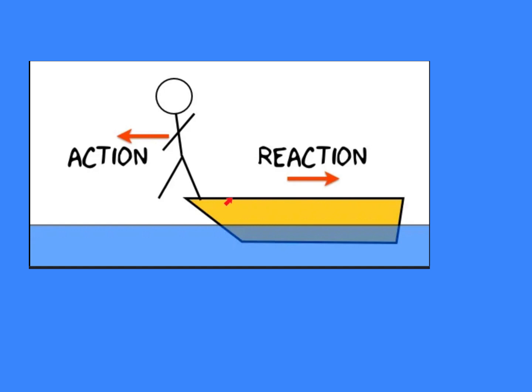Because he's making a force on the boat to the right, there is a force on the man to the left. And this is what allowed the guy to jump into the water, of course. So for every action, there is a reaction, opposite, and of the same magnitude.